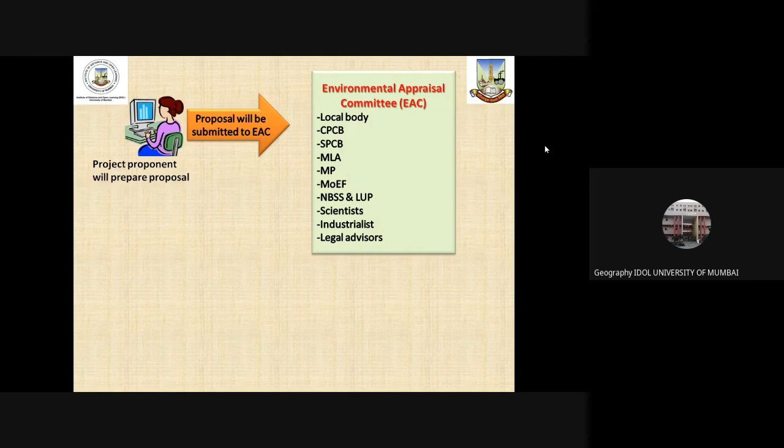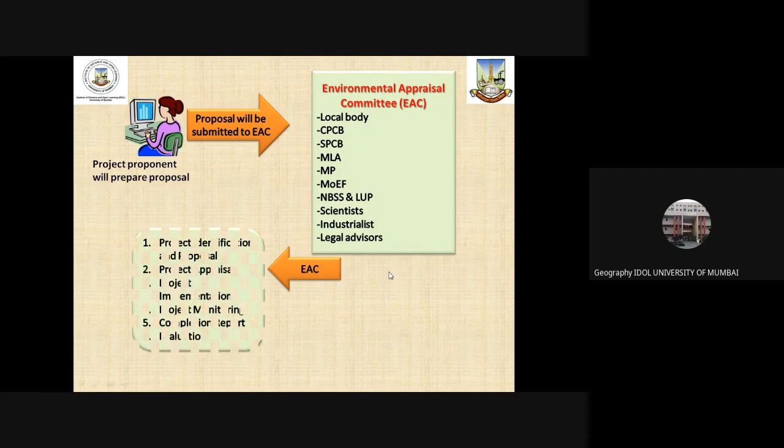Few will be scientists working in various environmental projects, industrialists, and legal advisors, who form the committee called the Environmental Appraisal Committee. The Environmental Appraisal Committee is responsible for sanctioning or rejecting the proposal given by the project proponent.